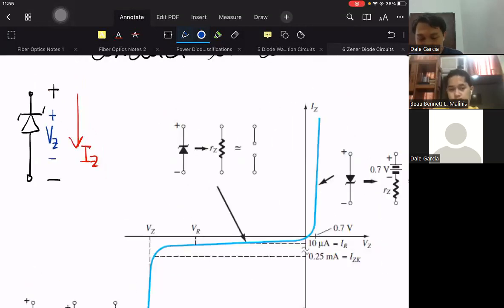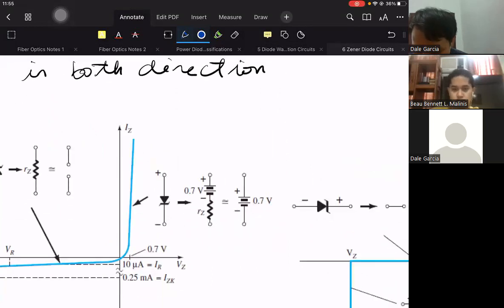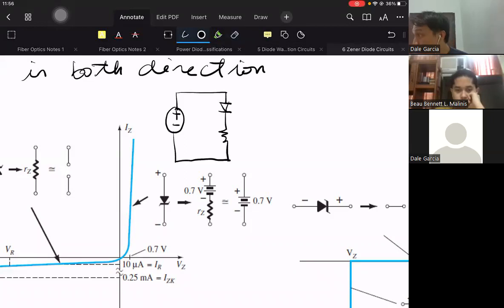Now, what would happen if we connect the Zener diode in the same manner as we connected the rectifier diode? What would happen?